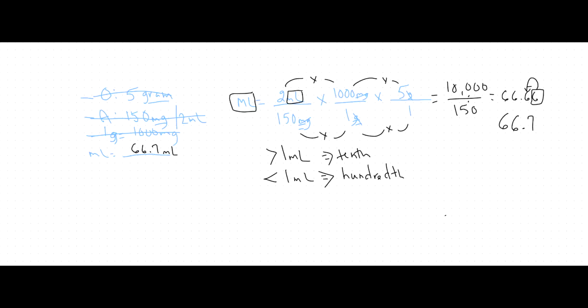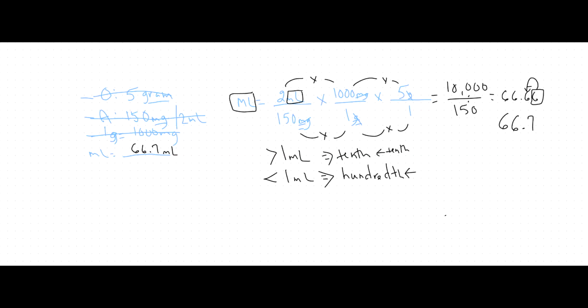If I'm drawing up any medicine with a syringe greater than 1 ml, that syringe usually goes to the tenth place. Your 1 ml syringe goes to the hundredths place. So if I'm drawing up less than 1 ml, I'm going to round to the hundredths because that's what my syringe goes to.